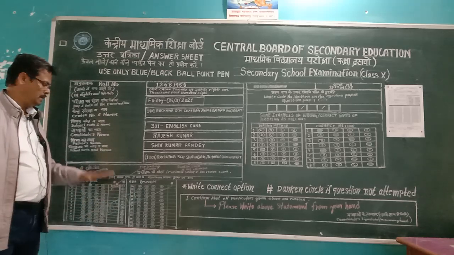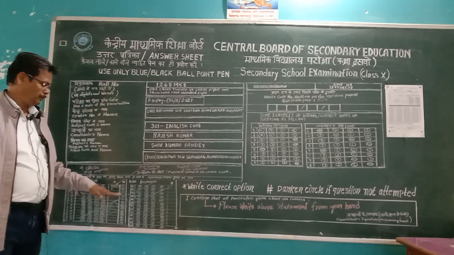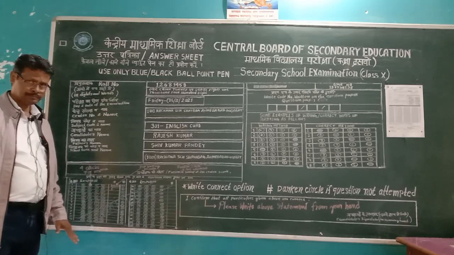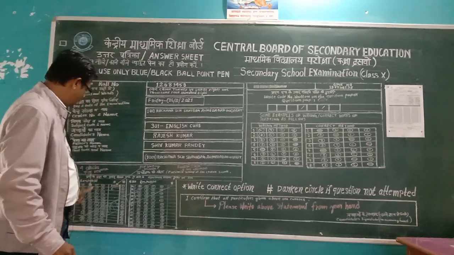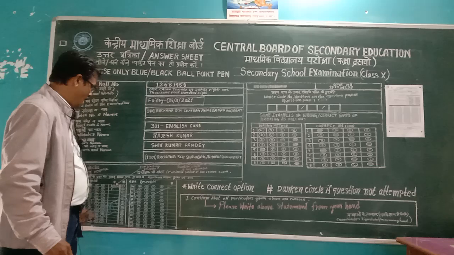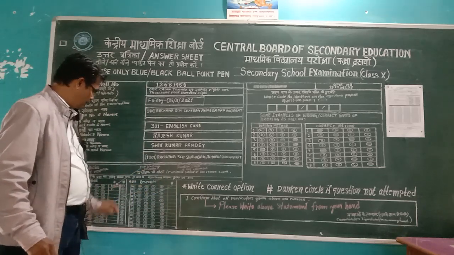That means this answer is also unattempted. So be careful while answering. It is more advisable to first choose our desired options, and after completing all the answers, we can write the options in the boxes.